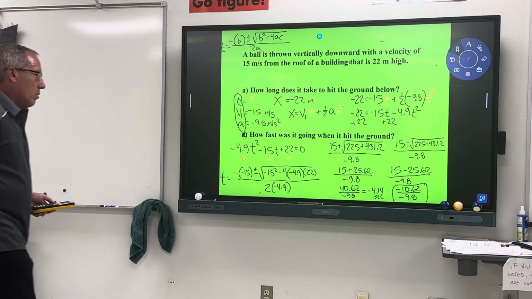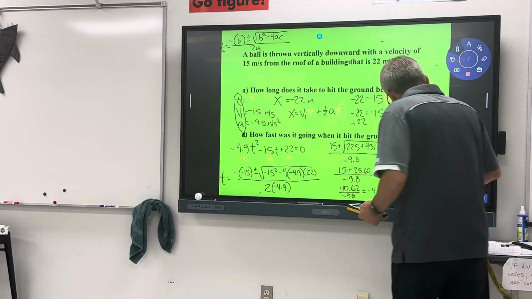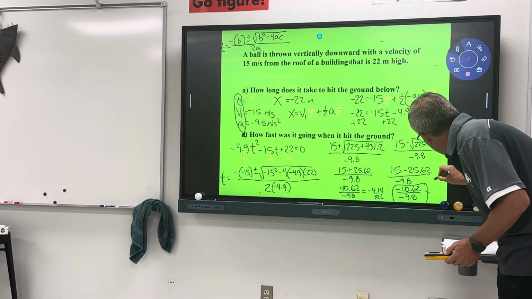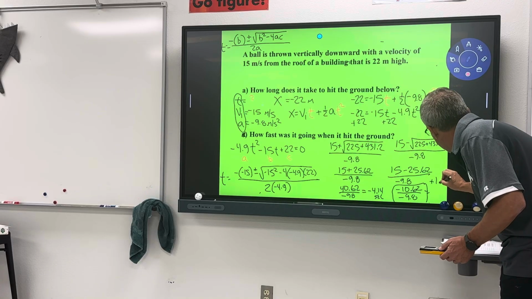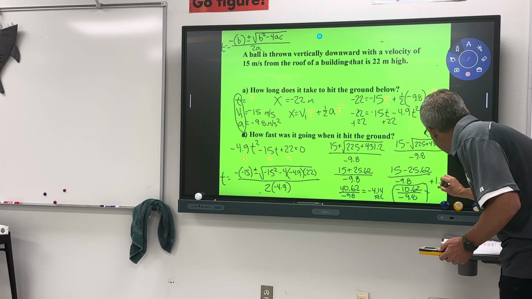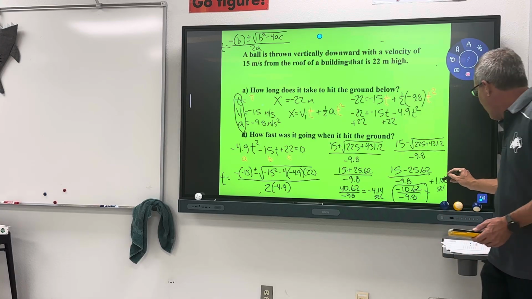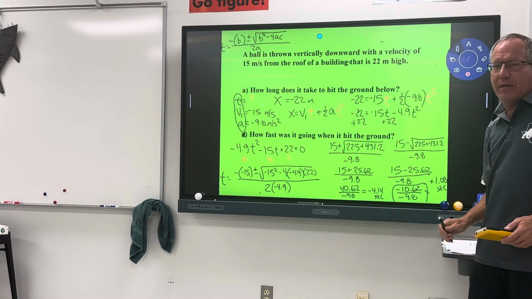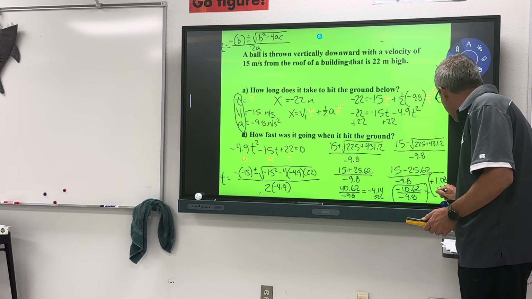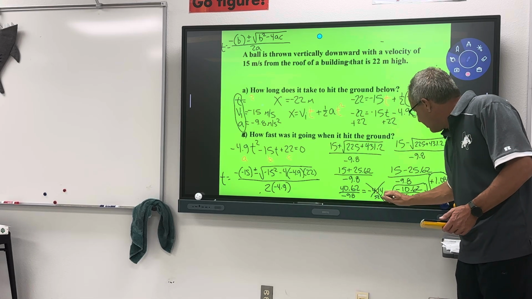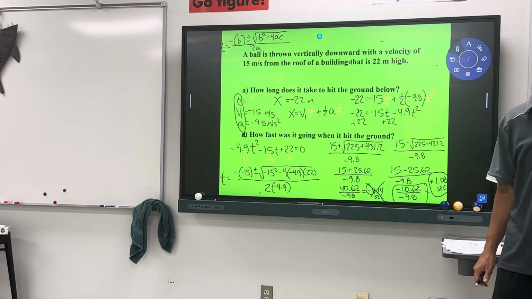Okay? Which equals positive 1.08 seconds. Which one is right? Well, we already know that the answer is 1.08, isn't it? We know that this is correct, and this cannot be the answer because you cannot have negative time.